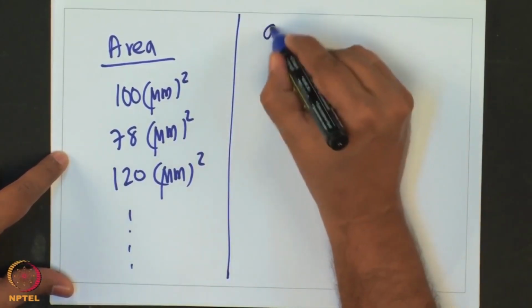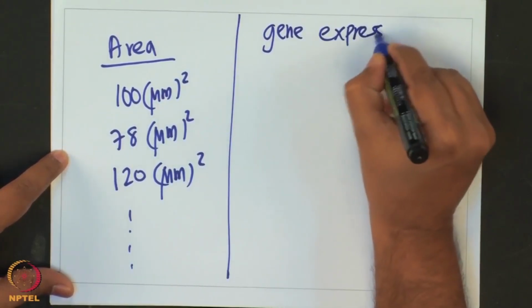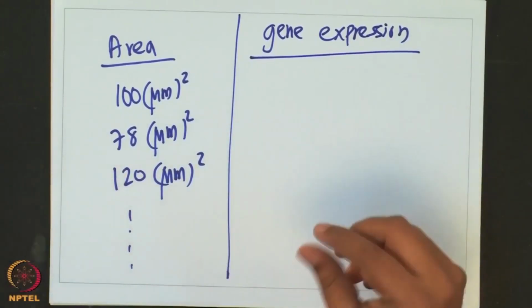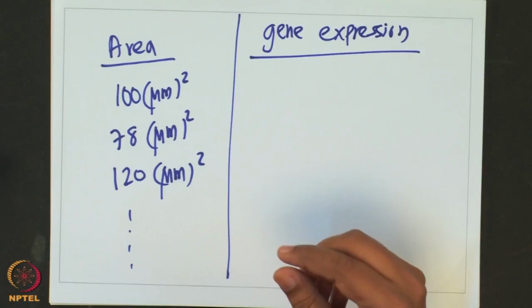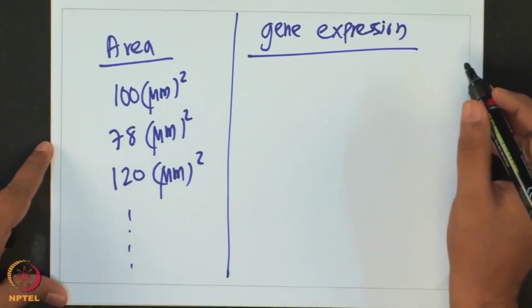You could also measure, for example, gene expression. There is a fluorescence, and you can measure the fluorescence in different cells, and you would get some value in some units.